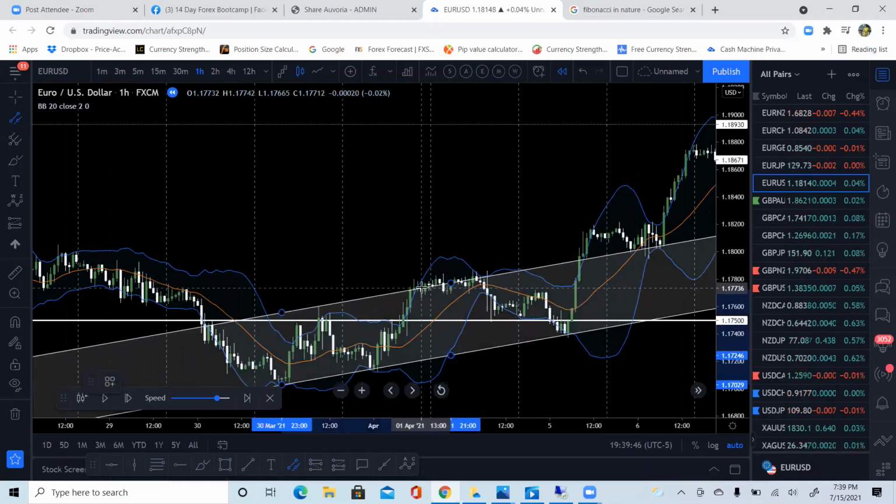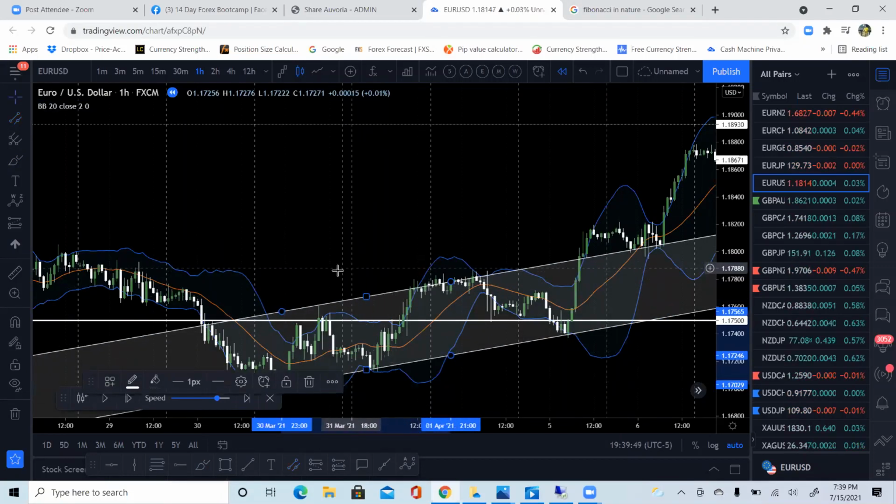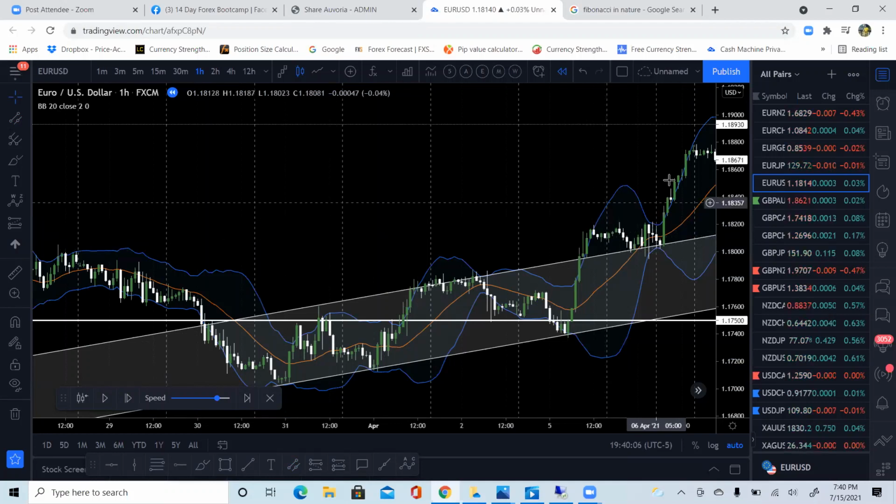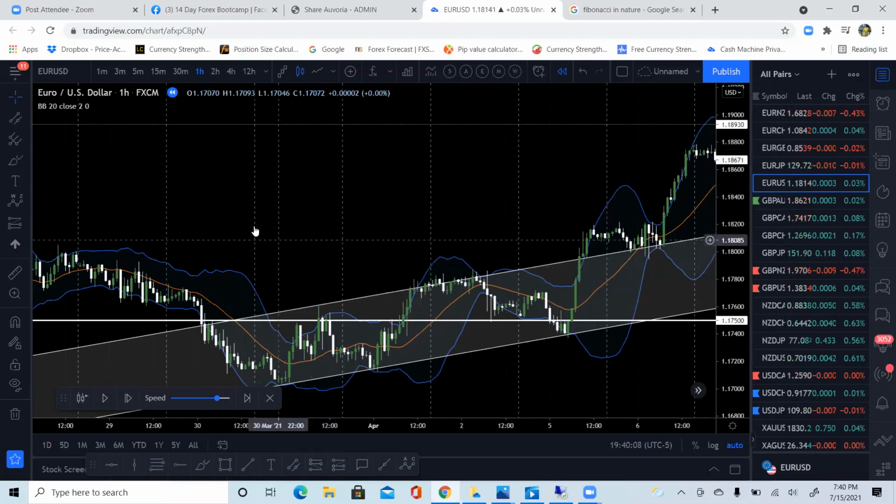Two lows and a high right there. You have your price channel and you have your breakout of the price channel and then your retest not only on the price channel, but on the lower band of the markets. And that created a buy scenario.